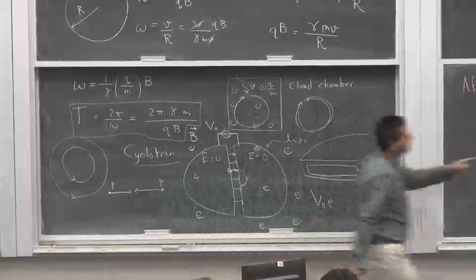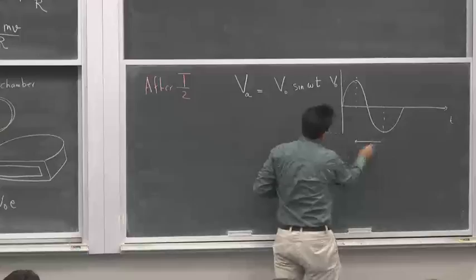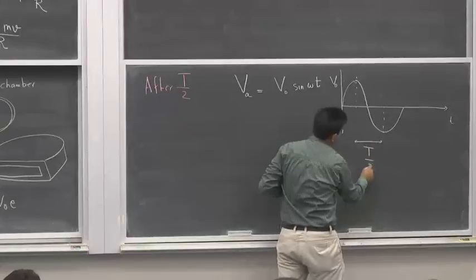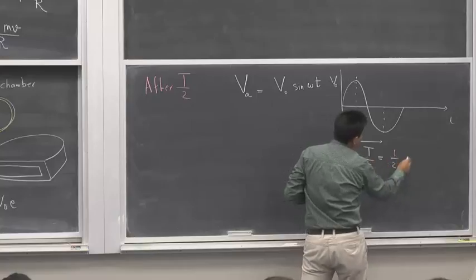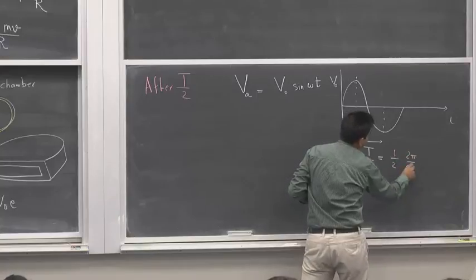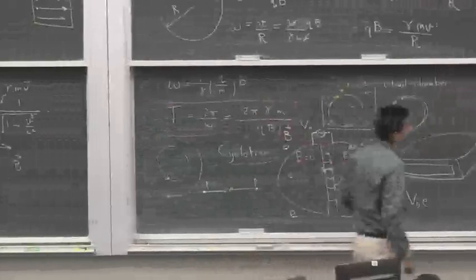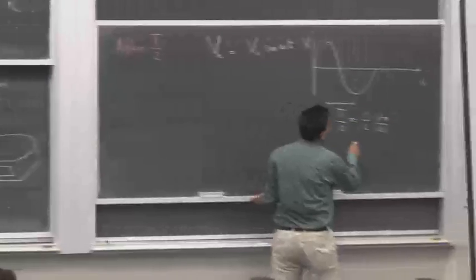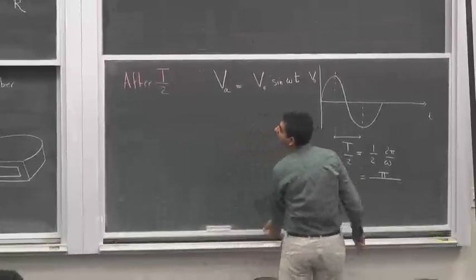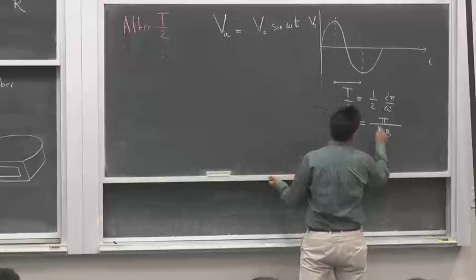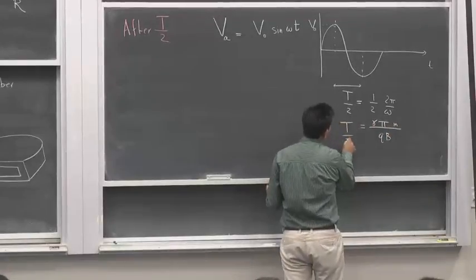After a time which is equal to T by 2, which is simply 1 over 2 times 2 pi over omega, I have pi over omega, where omega is defined by QB over gamma m.